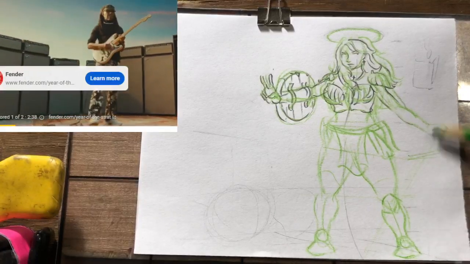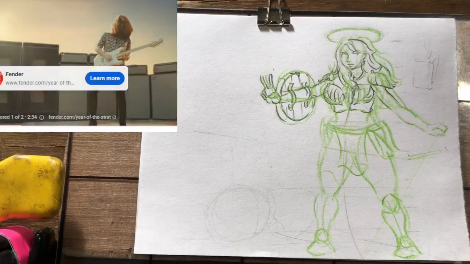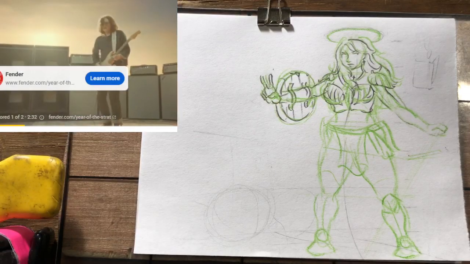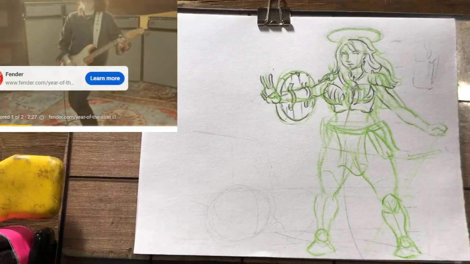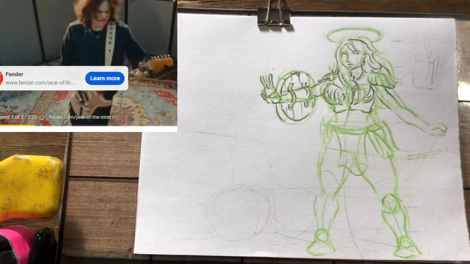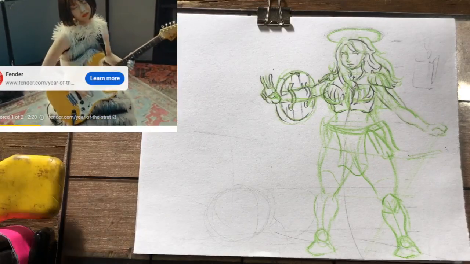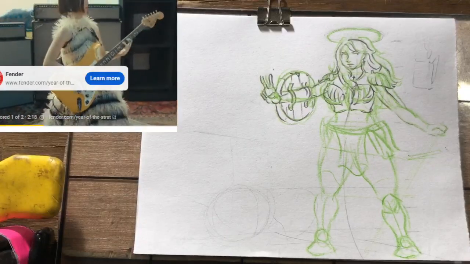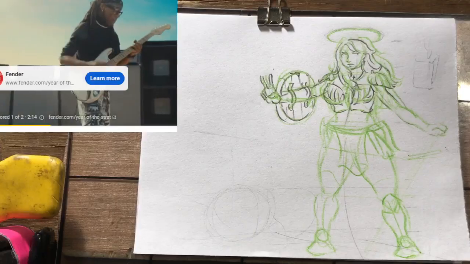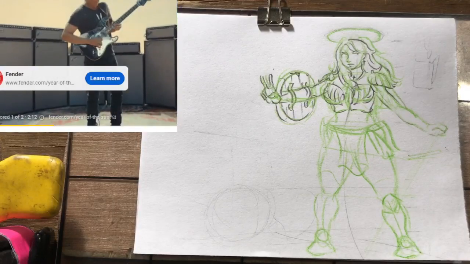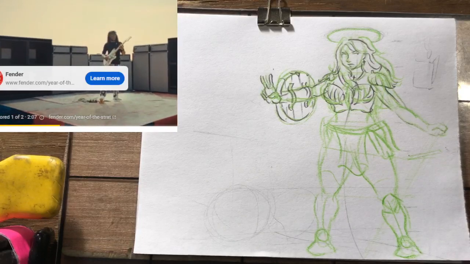Or should I just have it down like that? Oh, I don't know. I just totally changed it. Fudge. I guess we just have it like that, right? Or should I have it like that? Let's see, huh? Why would it be behind her leg there? That don't make no sense, does it?